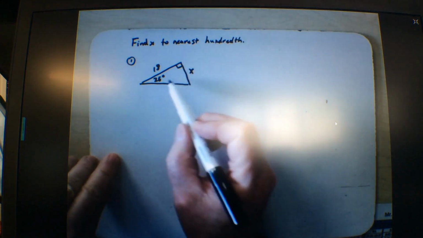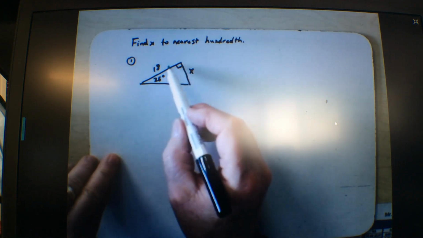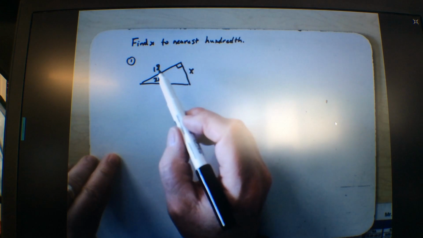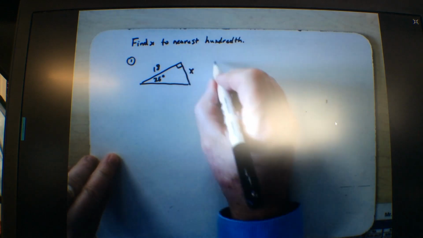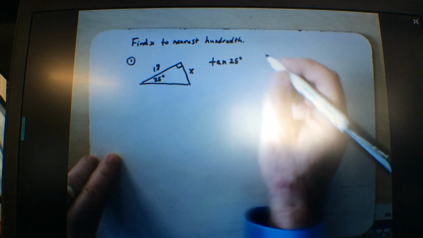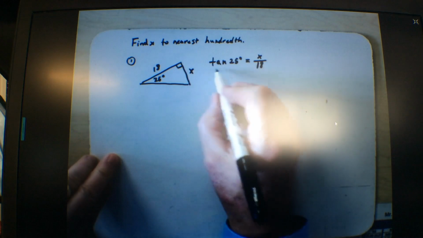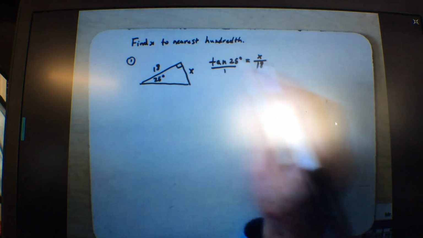The side we're looking for is opposite, and the side that's given is adjacent. Which trig function uses opposite and adjacent? Tangent. So the tangent of the angle, 25 degrees, equals x over 18, correct? Now, I make a proportion out of it, because to solve a proportion we just cross multiply.